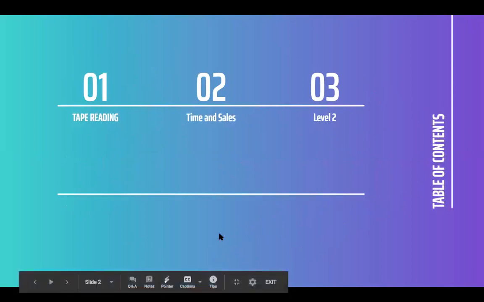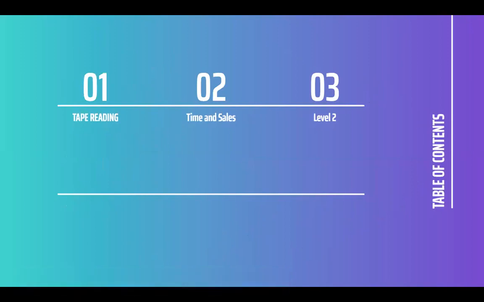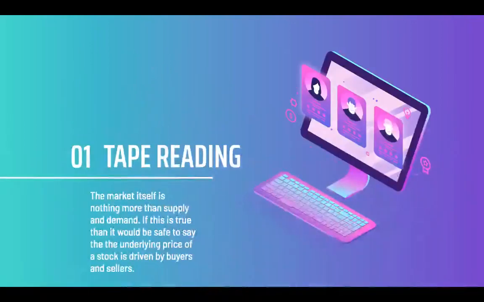So we're going to be talking about tape reading. We're going to be talking about time and sales and level two. So tape reading. The market itself is nothing more than supply and demand.